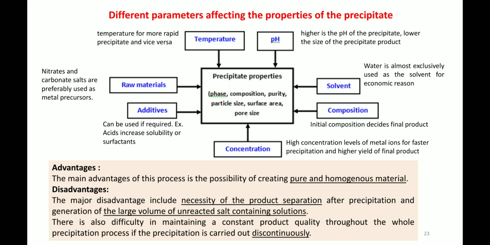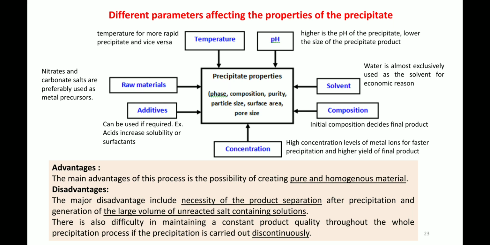Whatever you get is your final product, but here you have to separate it, and then there is generation of a large volume of unreacted salt containing solution. Unreacted material and salt remain in the precipitate itself, so it is necessary to wash it very carefully. The second disadvantage is the difficulty in maintaining a constant product quality throughout the whole precipitation process if the precipitation is carried out discontinuously.